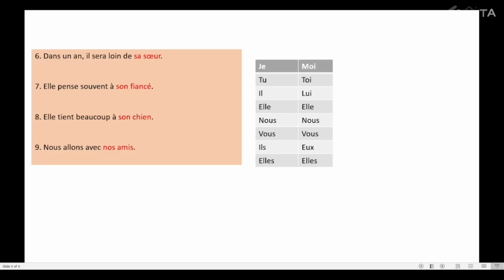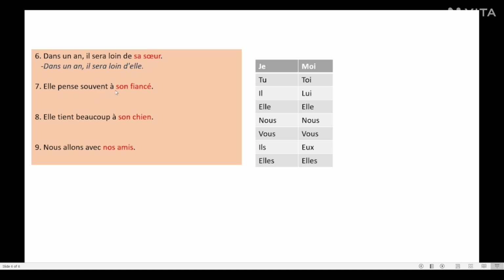Now, in one year, he will be far from his sister. We have to replace his sister with elle. So, il sera loin d'elle. In one year, he will be far from her.